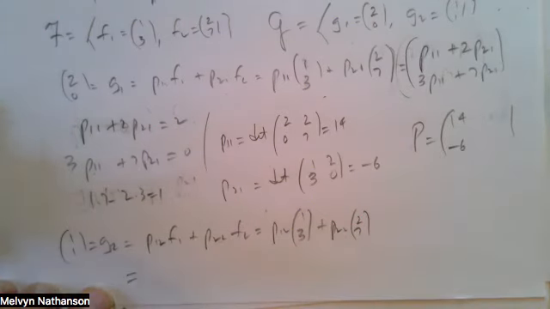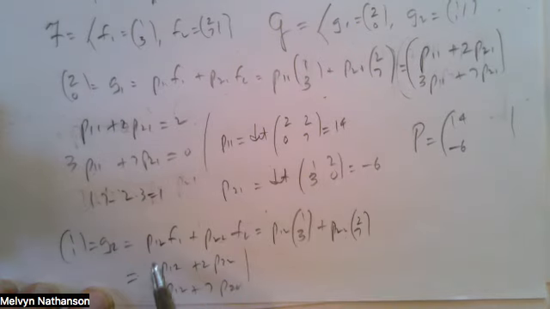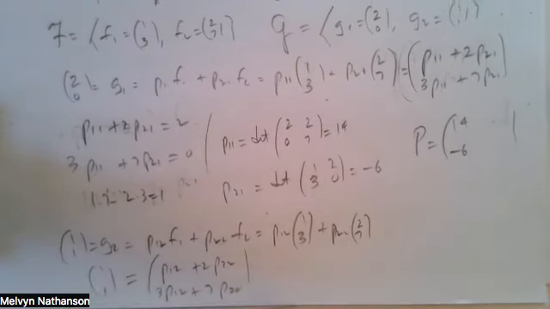This is (P12 plus 2P22, 3P12 plus 7P22) equals (1, 1).